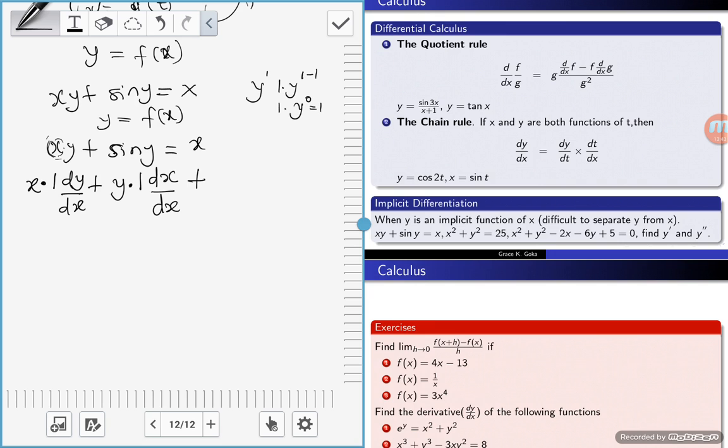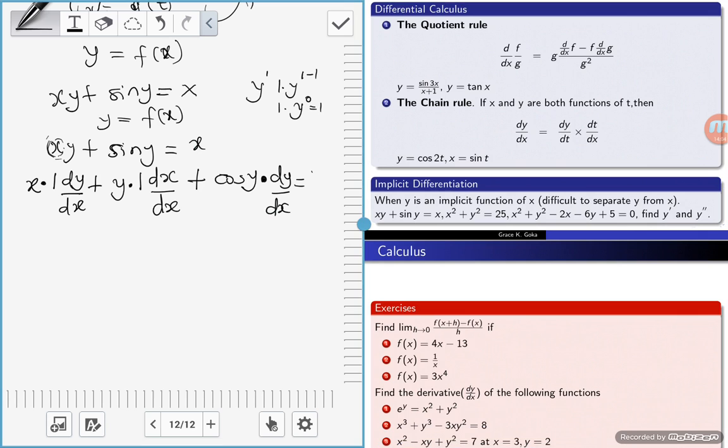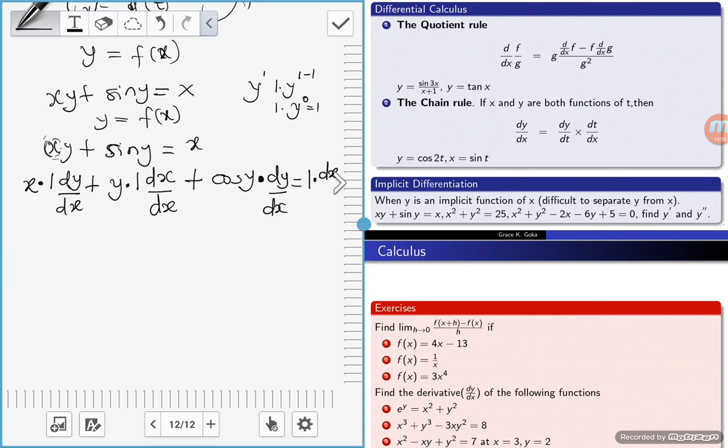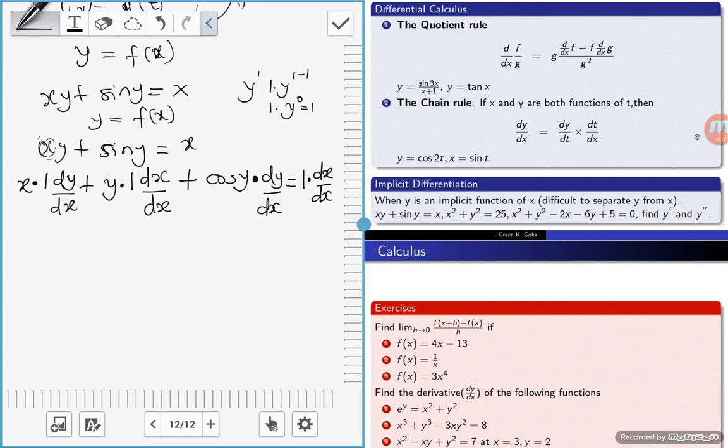Okay, plus we go on to the second term, which is sine y. If you differentiate sine, what are we getting? Cos. So we have cos of y, and you indicate that you have differentiated a y with respect to an x. And this is equal to differentiating x, we get 1 times, we indicate that we have differentiated an x with respect to an x.